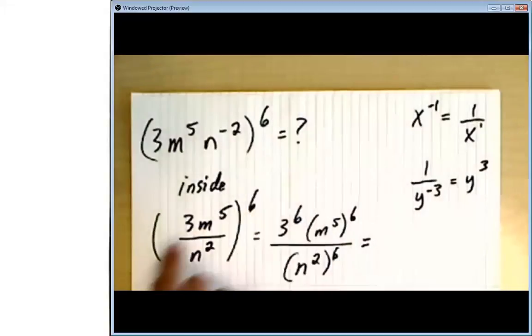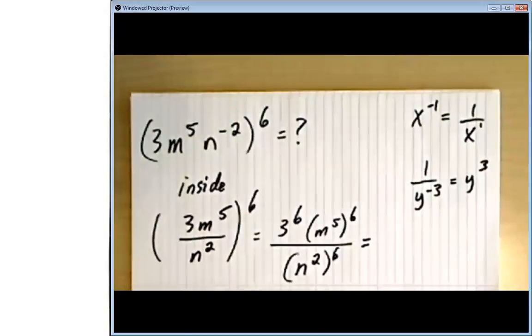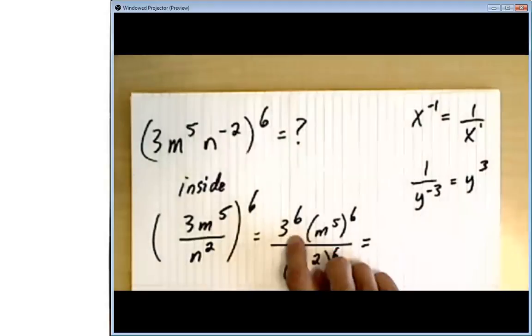It goes to each thing there on the inside. So multiply it, 3 times 6.